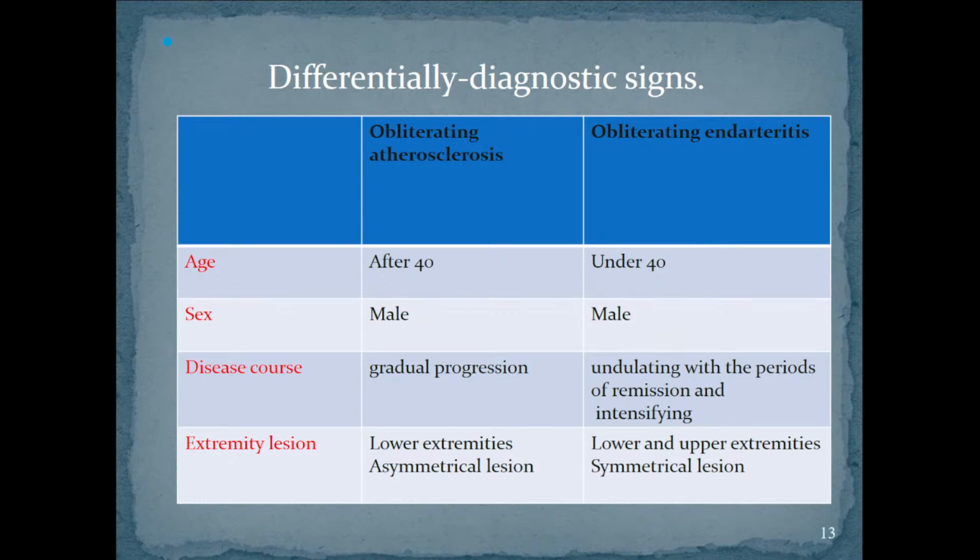Disease course, obliterating atherosclerosis will have the gradual progression and the endarteritis undulating with the periods of remission and intensifying. Extremity lesion. Lower extremities, asymmetrical lesion in case of obliterating atherosclerosis, and in case of endarteritis, lower and upper extremities, and the lesion will be symmetrical.